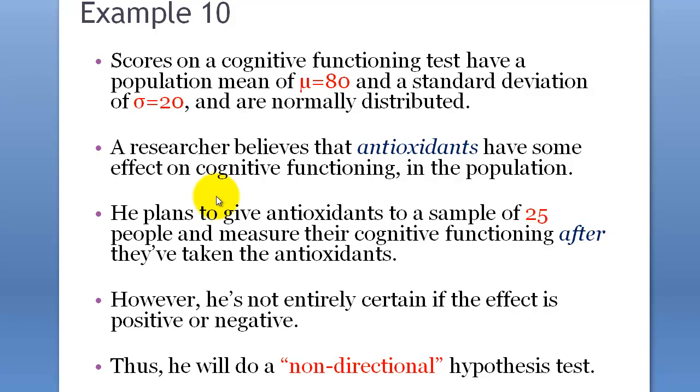When directions are not certain, you usually do a non-directional hypothesis test, and this is a difference between directional and non-directional in terms of setting the alpha level. When the directions are not certain, you set the alpha level really small, to be sure.